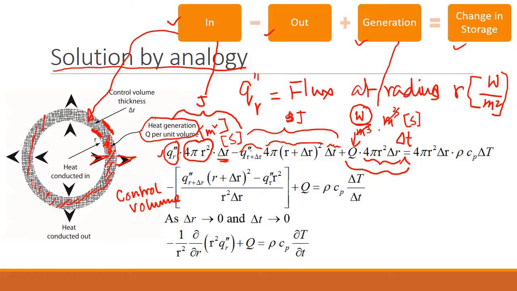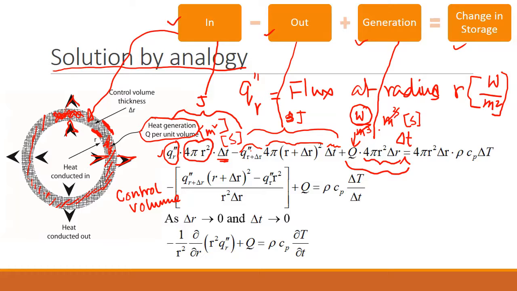So this is my generation term, and this is my out term. And then the change in storage. Because of energy going in, out, and generation, we're going to have a change in temperature.